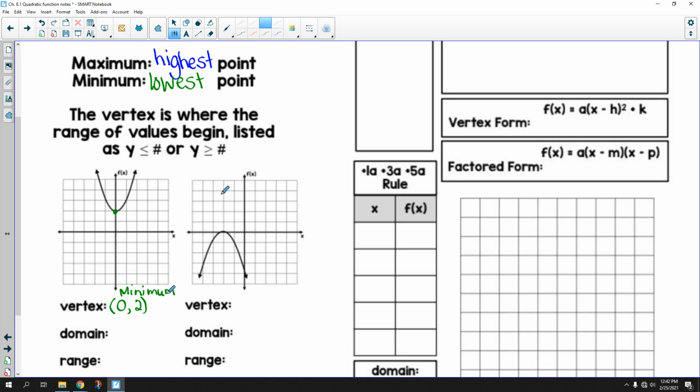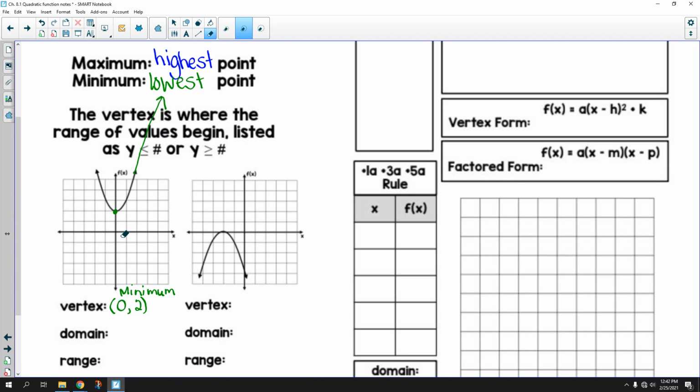I see Chris wrote -1, 0, and +1. Okay, that is correct. However, do you notice how this parabola has arrows at the end? Those arrows mean that this parabola keeps going on and on forever, which means it's also going to be 1, 2, 3, 4, 5. It's going to keep going because that arrow is never ending.